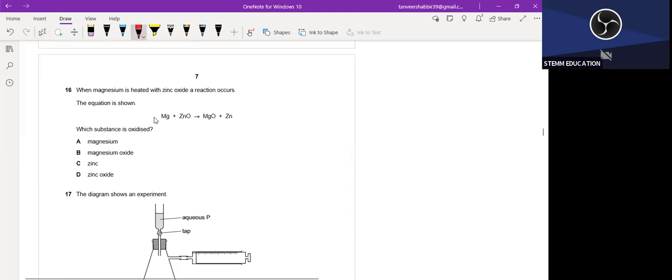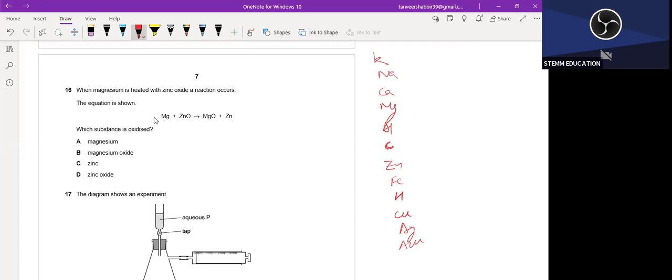As you can see, magnesium is more reactive than zinc according to our reactivity series: potassium, sodium, calcium, magnesium, aluminium, carbon, after that zinc, iron, hydrogen, copper, silver, gold.